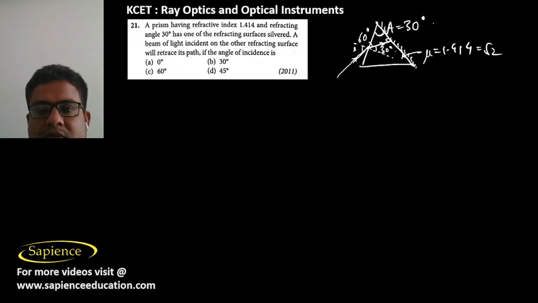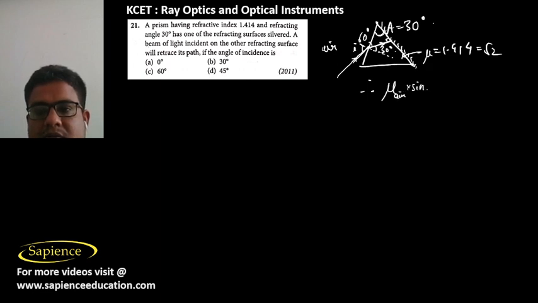Here the angle of incidence is asked. If we apply Snell's law, outside there is air, so the refractive index of air is 1.